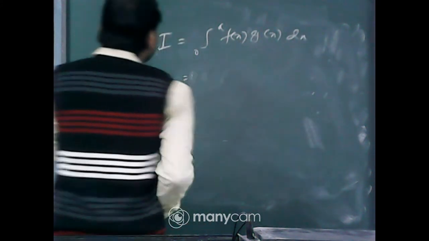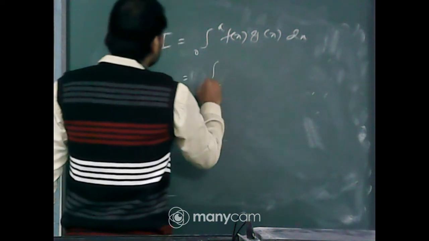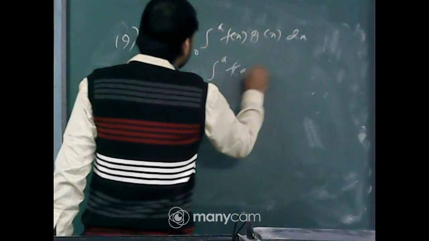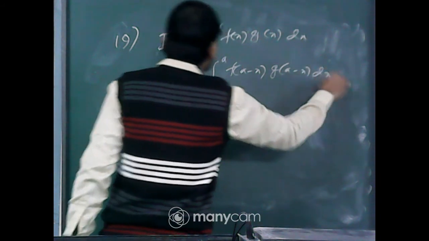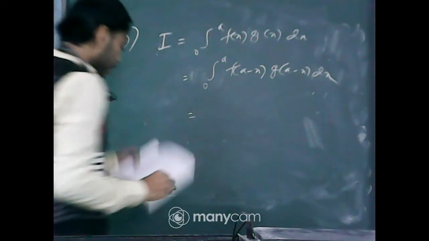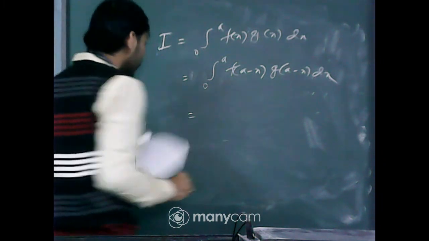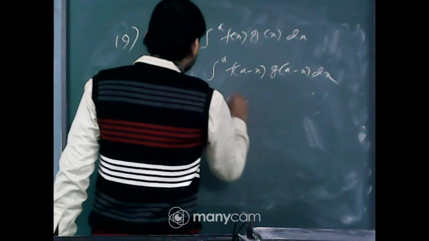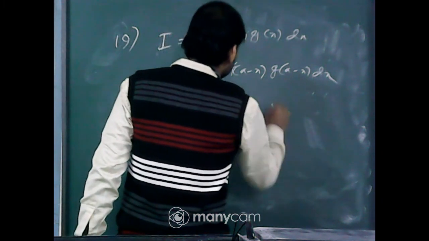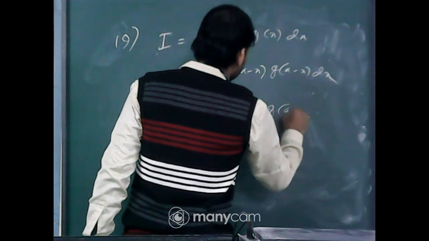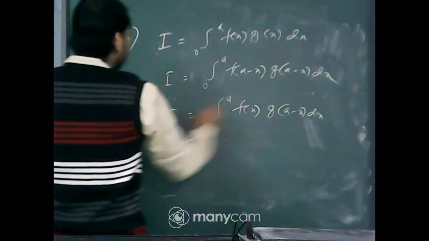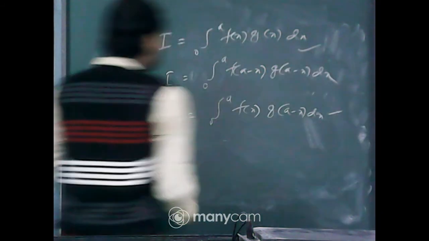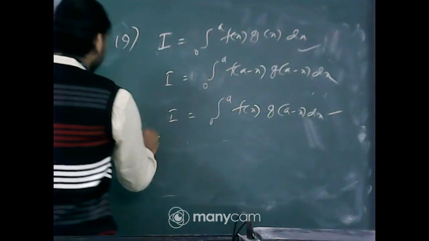Now from the property of P4, you may write here 0 to a f of a minus x g of a minus x dx. Now it is given that f of a minus x equals f x. So that means 0 to a f of x into g of a minus x dx. This is also I.